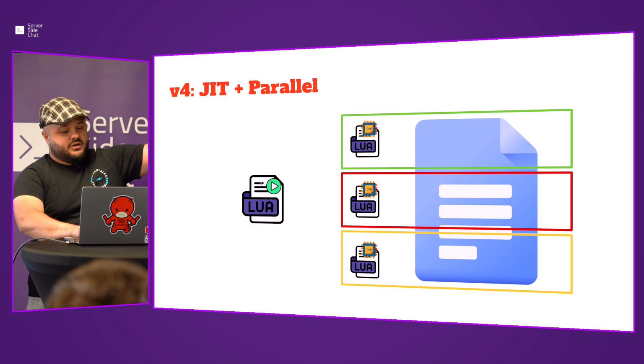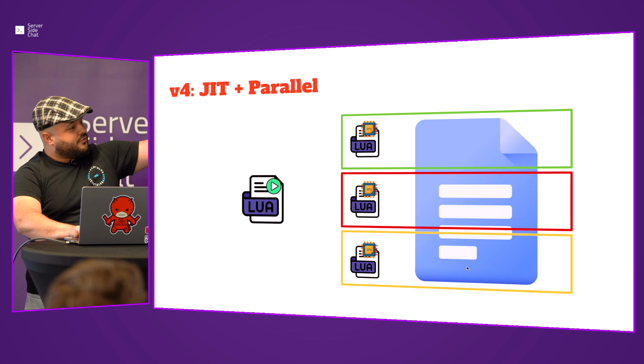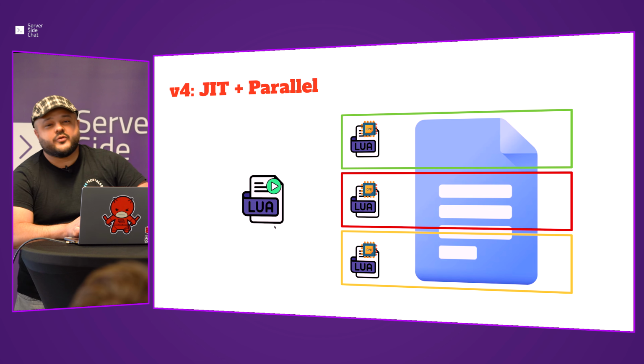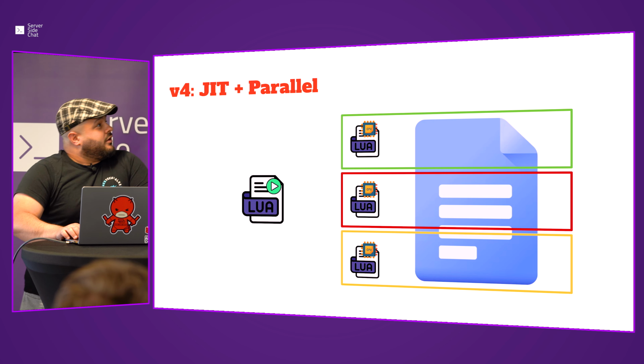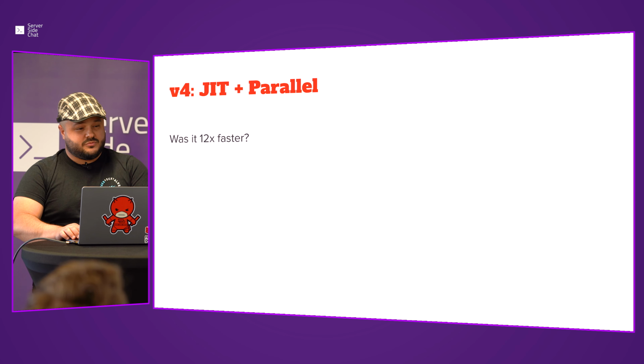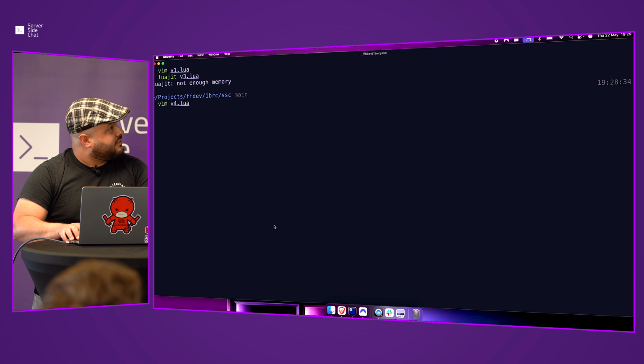Would that work? I'll have the same file. It will start workers. Each one will work on one part of the file. They will report back to the master and output the result. So pretty simple still. I expected it to be 12 times faster. Yeah, let's see.